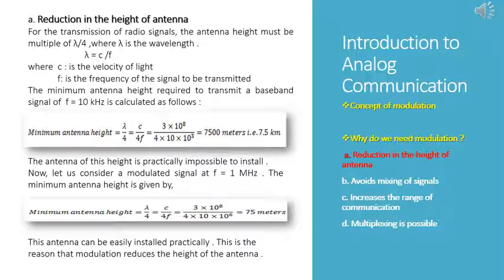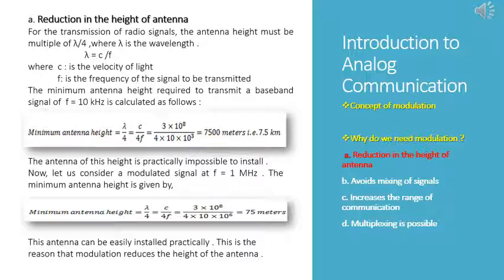We put in the value 3 into 10 to the power 8, which is the velocity of light, divided by 4 into 10 kilohertz, which is 10 into 10 to the power 3. This value comes to around 7.5 kilometers. Can you practically build a communication system with an antenna 7.5 kilometers high? Do you think so? No, it is not possible.